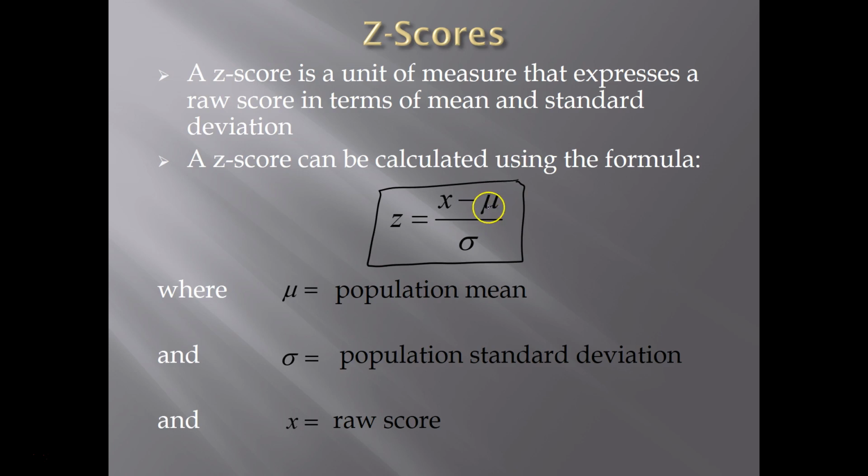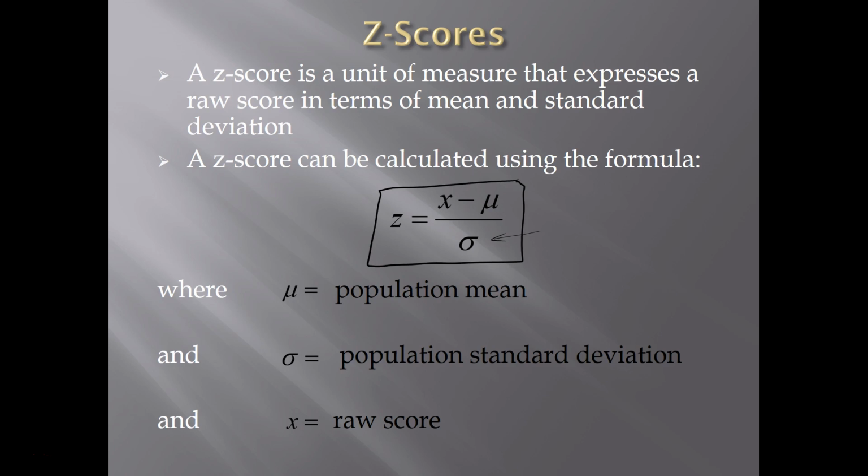A little bit m, a little bit u makes a mu. So x minus mu. X is your data value, your raw score. Now you subtract the population mean mu, and then you divide by this guy right here, which is lowercase sigma. Greek letters have uppercase and lowercase. That's lowercase sigma.